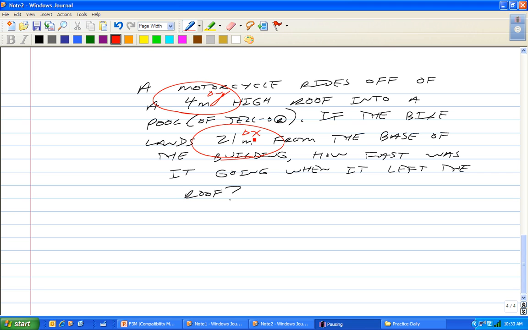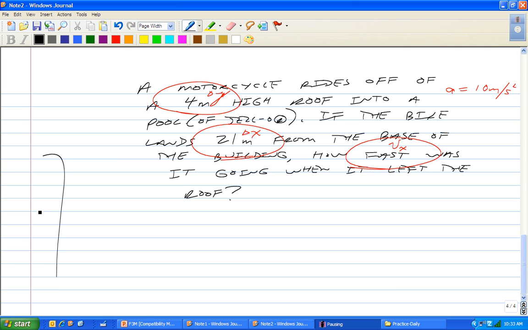Delta x. And we're looking for speed in the horizontal direction, right? Is there any information that's implied that I'm going to need? Acceleration is 10 meters per second squared.